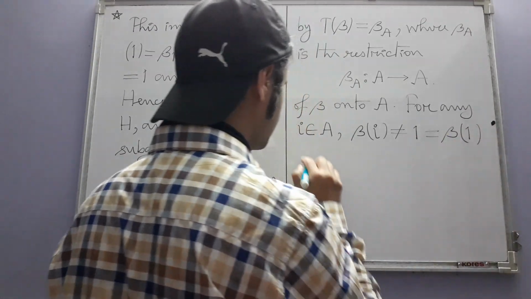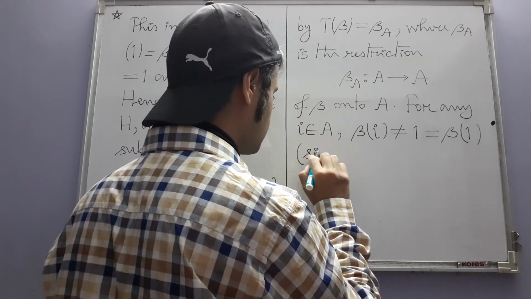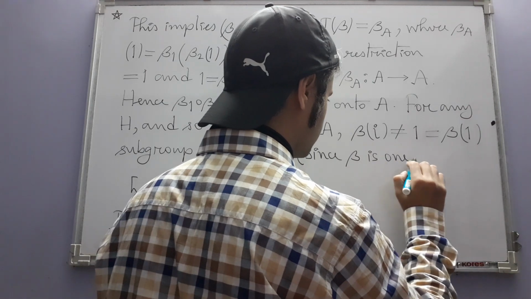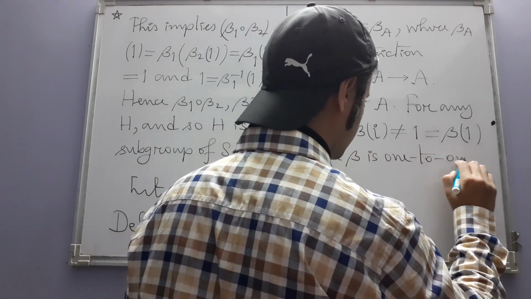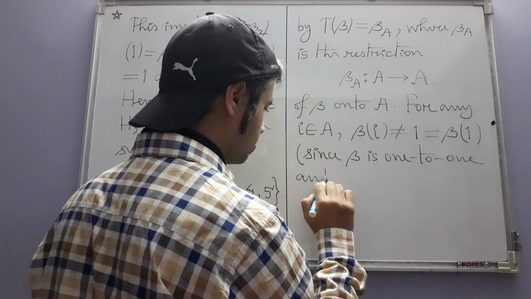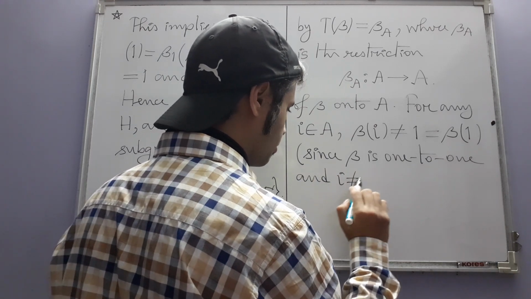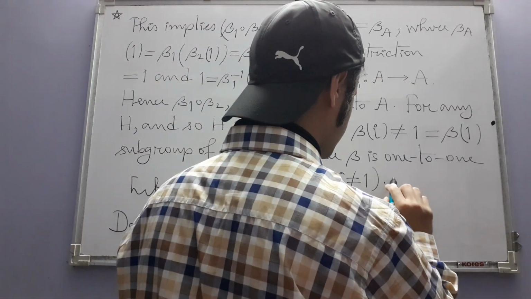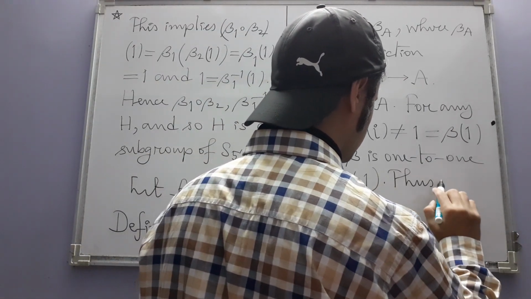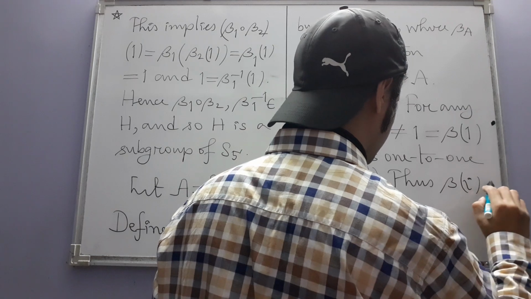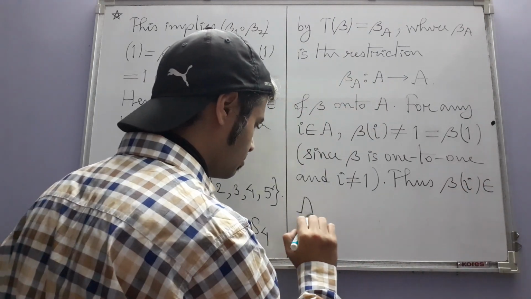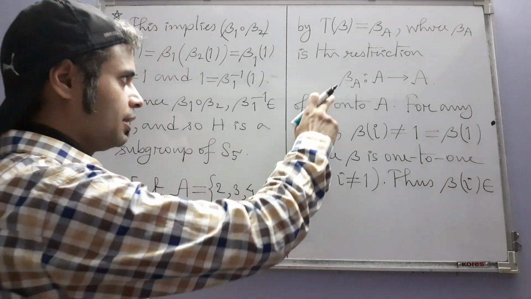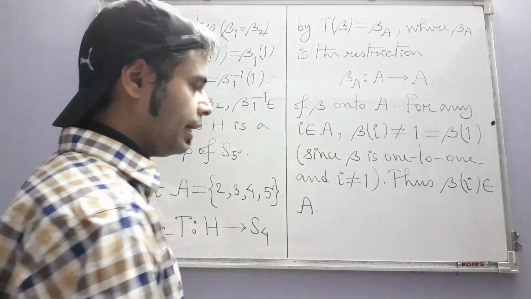You can write here, since beta is 1 to 1 and i is not equal to 1, because of that it's happening. Thus beta of i belongs to A. Okay, so this at least shows that we have a function from A into A.